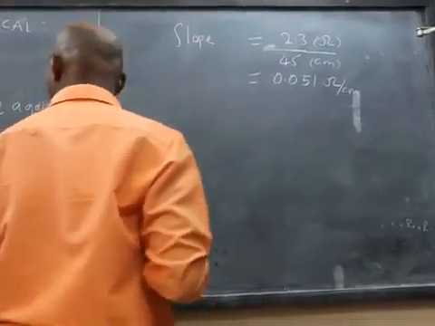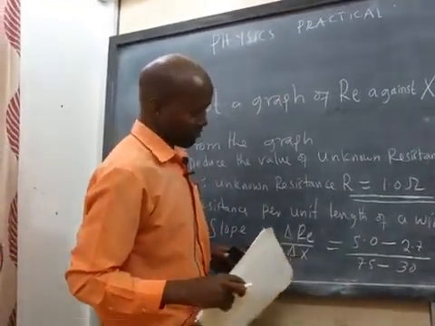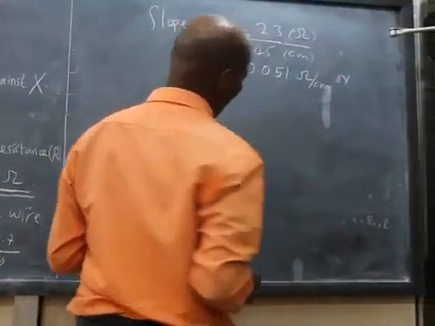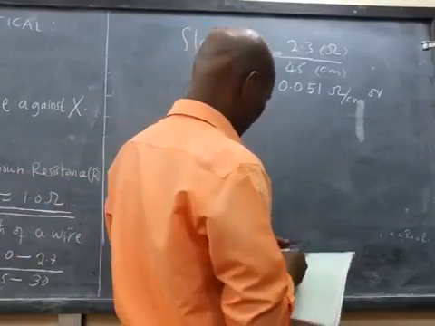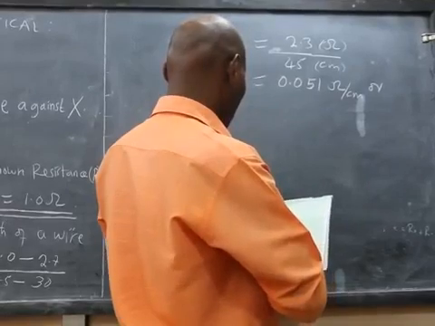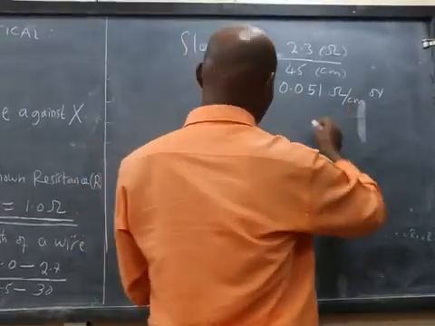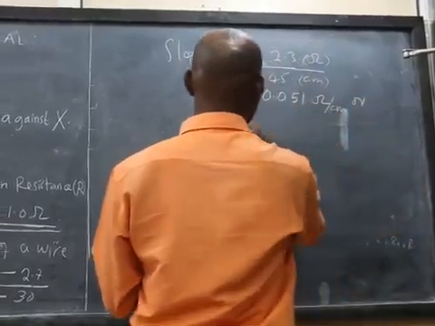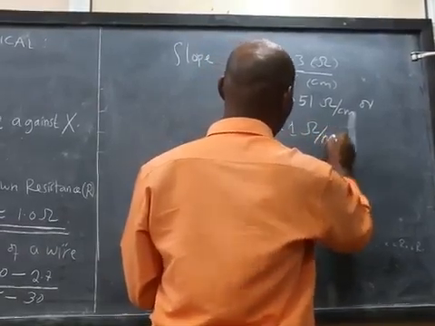But the question says we need the resistance per unit length. Actually, this is the slope of our graph. Now you can change that into ohm per meter. If you multiply by 100, that is equal to 5.1 ohm per meter.